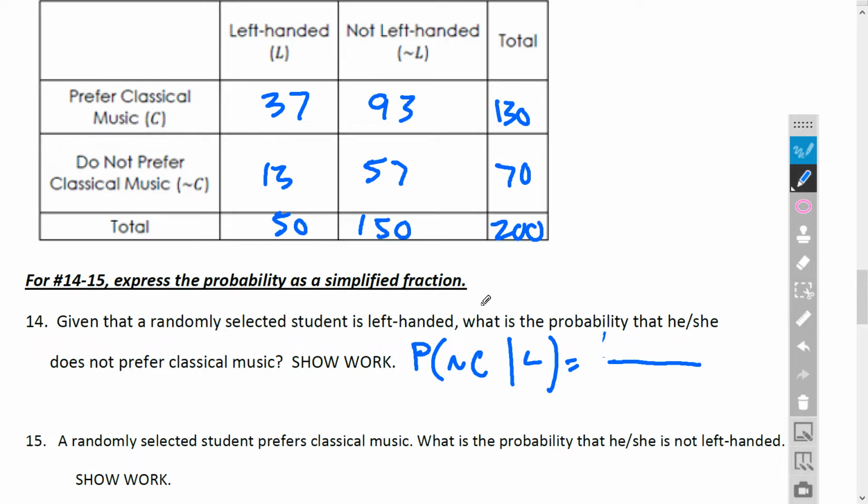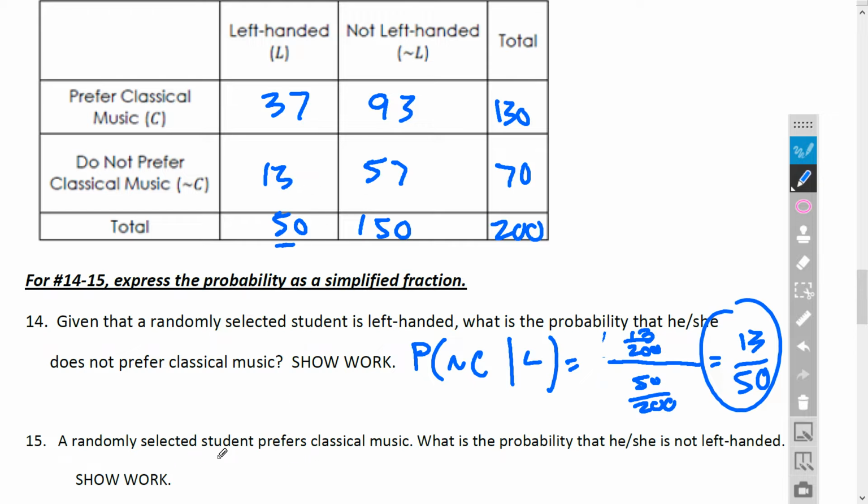So not classical and left-handed, they're 13 out of 200. And a denominator probability of them being left-handed, 50 out of 200. So that's just 13 over 50. And that should make sense because if we're given that they are left-handed, there's 50 of those. How many of those 50 do not prefer classical music? 13 of those 50 do not prefer classical music.